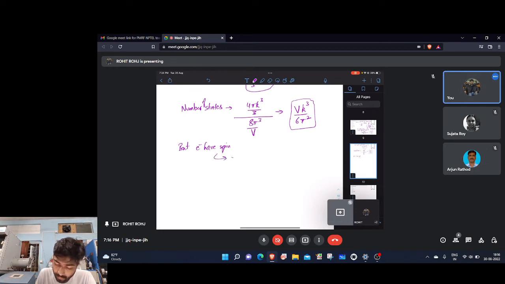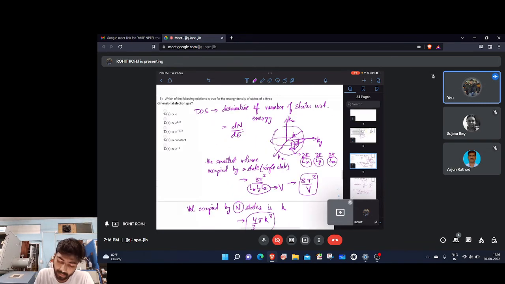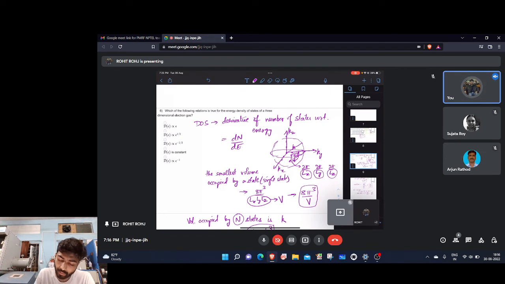Therefore the total states would be twice V k cube by 6 pi square, which is nothing but V k cube by 3 pi square. So now we have the total number of states, and as I said, the density of states is the derivative of the number of states with respect to energy.